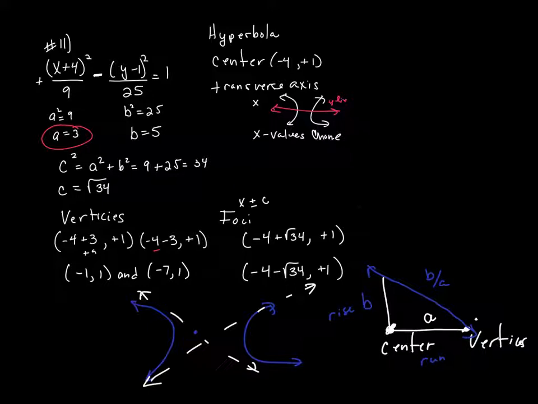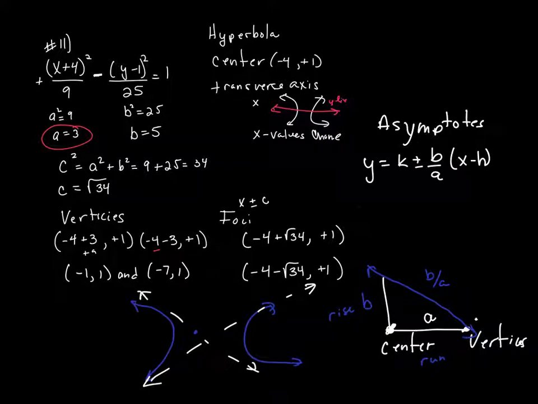So the equation for them is y equals k plus or minus b over a times x minus h. So the equation for those asymptotes will now be y equals 1 plus or minus 5/3 times x plus 4. We'll go ahead and graph this on the next slide.